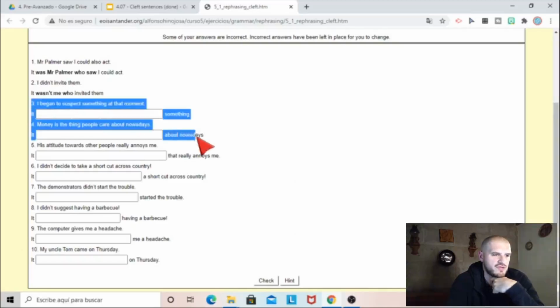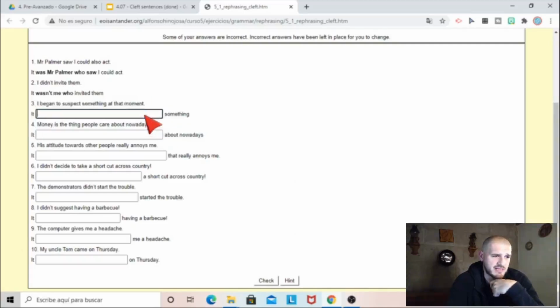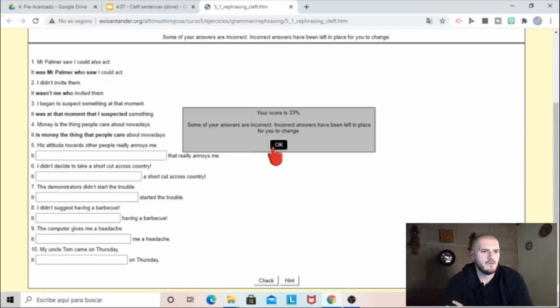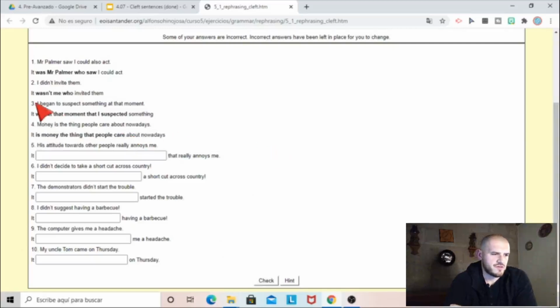Question 3 and question 4 are kind of nasty. I suggest you skip these two because I don't think the answers that the page has are necessarily the best answers, so I've given you here the answers to 3 and 4 because I actually think they are not very good. I began to suspect something at that moment. Should be, it was at that moment that I began to suspect something, right?